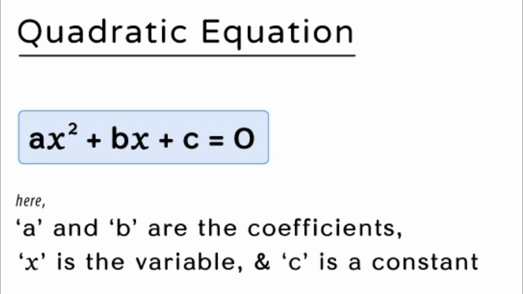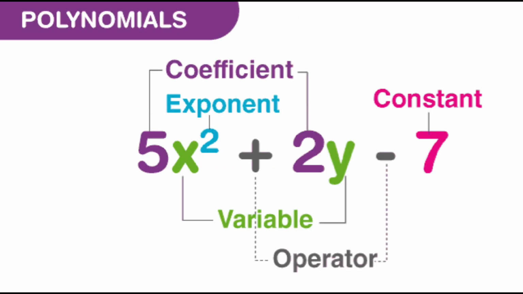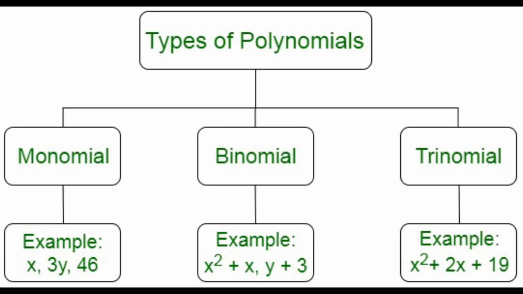Now, the next term is polynomial. What is polynomial? Polynomial means the equation that has 1, 2 or many terms is called polynomials. Now, the types of polynomials.